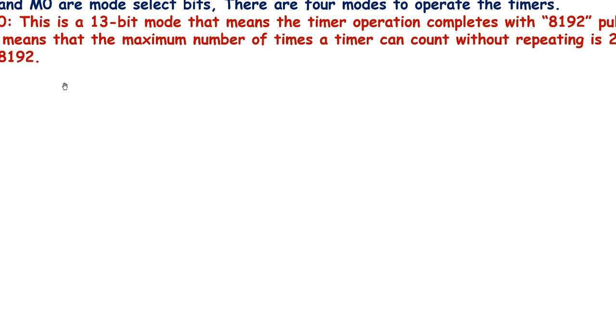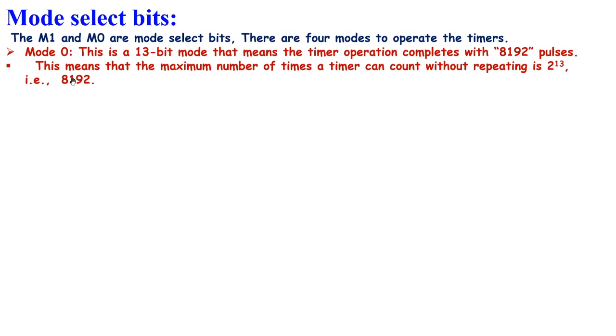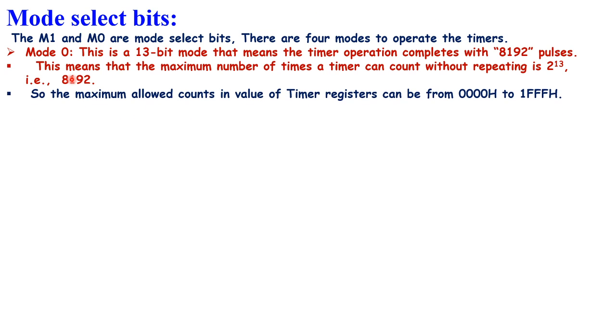So this is the timer in mode 1. The maximum allowed count in the value of timer registers can be from 0000H to 1FFFH.